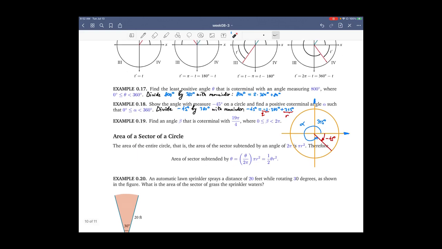All right. In the next problem, we are given an angle of 19 pi over 4, and we need to find an angle beta that is coterminal with the angle 19 pi over 4 and is in the range from 0 to 2 pi. Well, what can we do here?